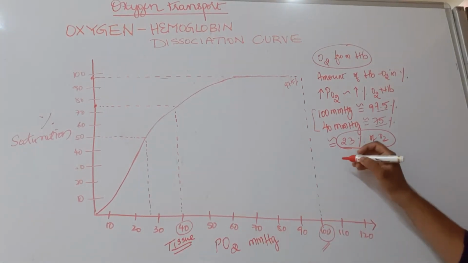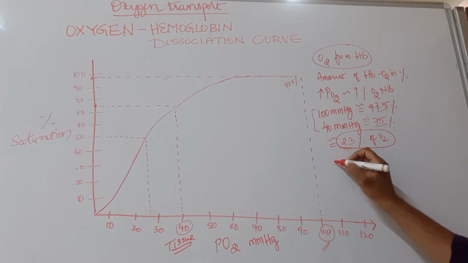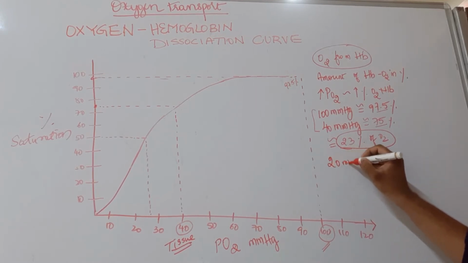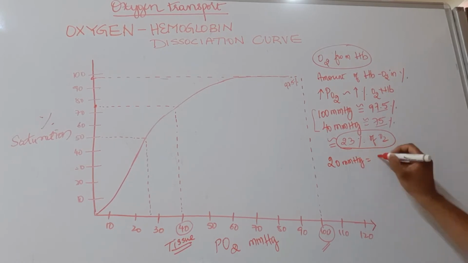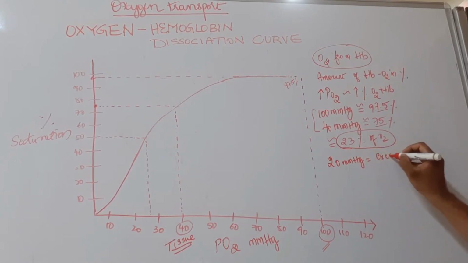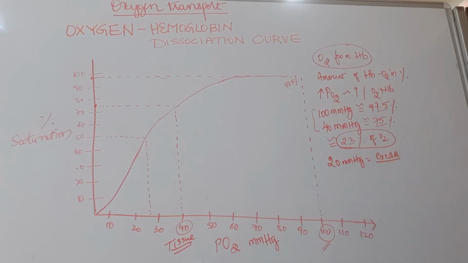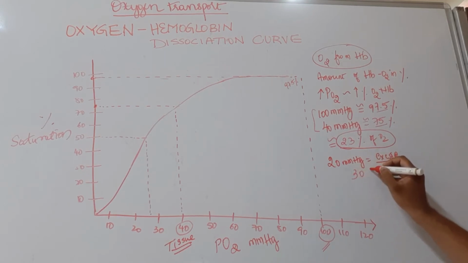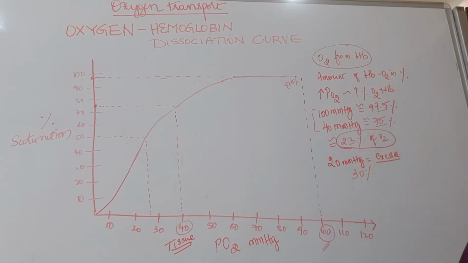For example, think if the partial pressure of the oxygen decreases to about 20 mmHg, as in strenuous exercise, during heavy exercise, because oxygen consumption by the tissues is more. Then the hemoglobin saturation decreases to 30%. So the unloading is around 68% of the oxygen is unloaded.